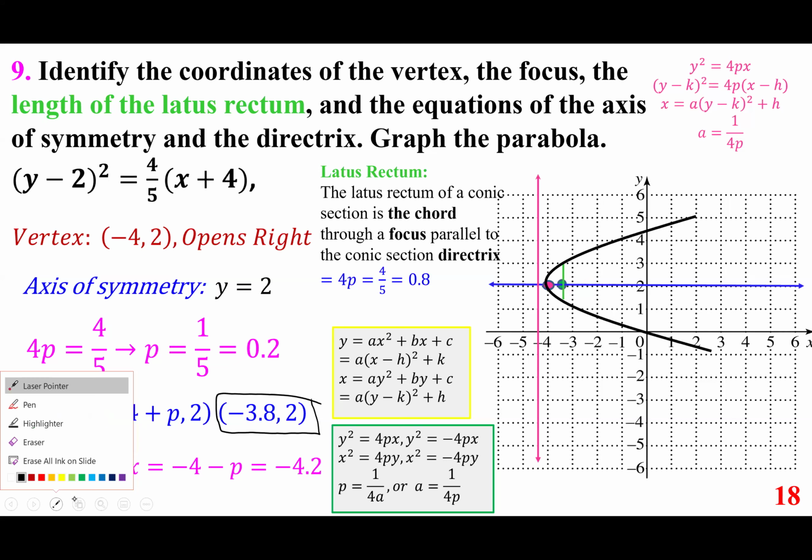Remember this distance. This distance is 2p. So is this distance.